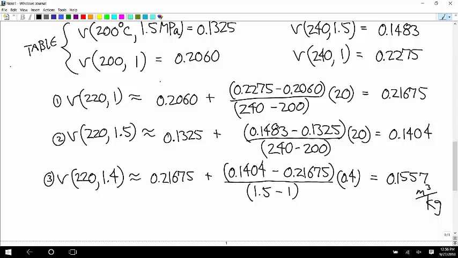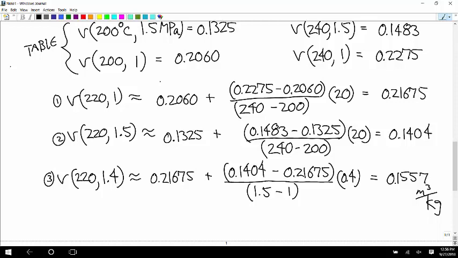That's perfectly fine. It doesn't matter which one of these we do first. Would we get the same exact answer? No, but it would be as good as the other one, as far as we know. So the order of variables doesn't matter at all. But you first use basically one of the variables to get that variable to the value you want, and then you use linear interpolation on the other variable to approximate it.